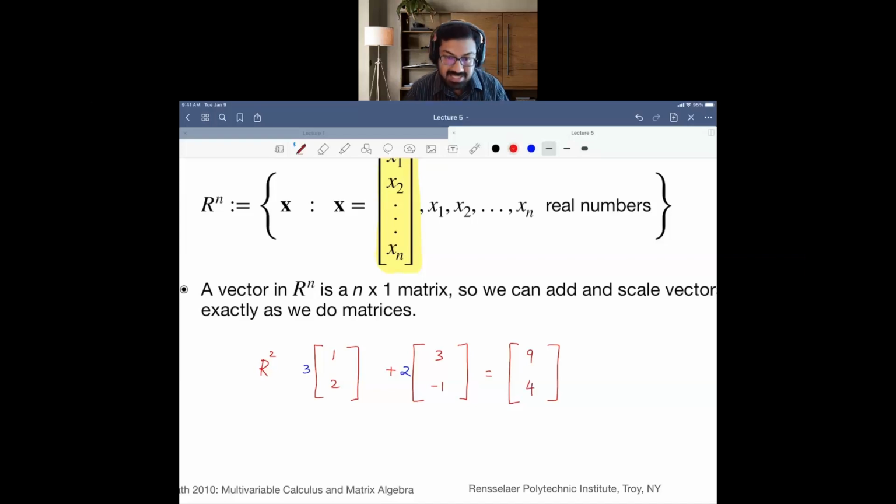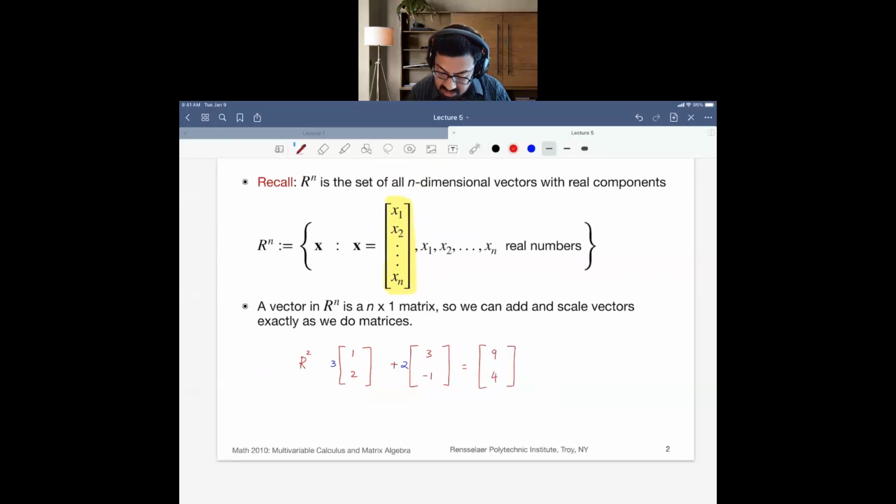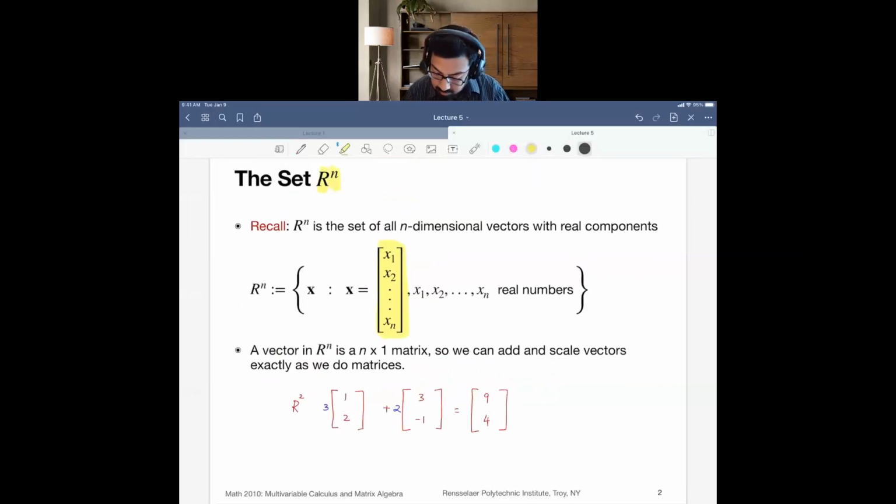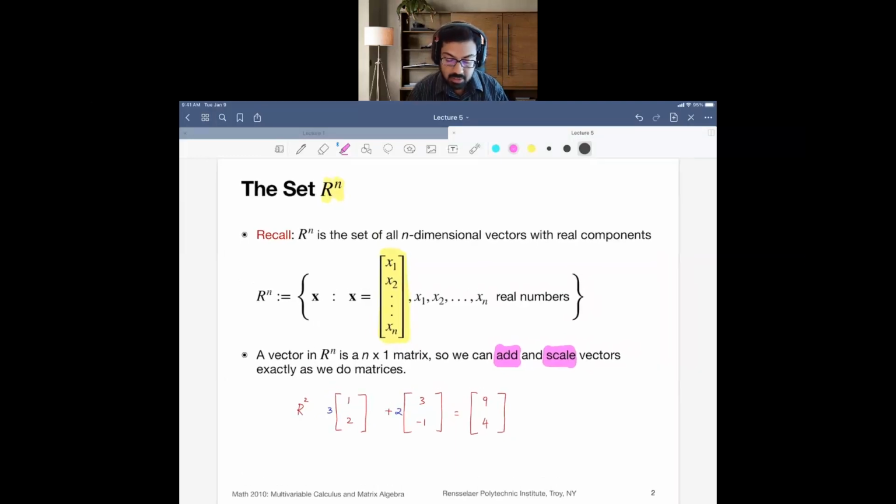So exactly as I did for matrices, I can still add and scale vectors. So this is going to be my vector space in R to the n, that is, the set of all vectors in n dimensions with real components.